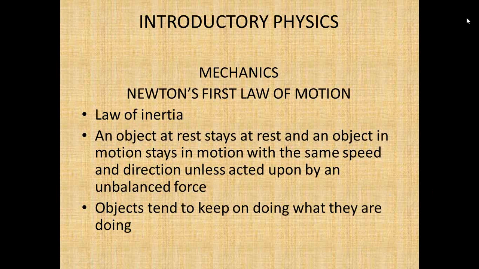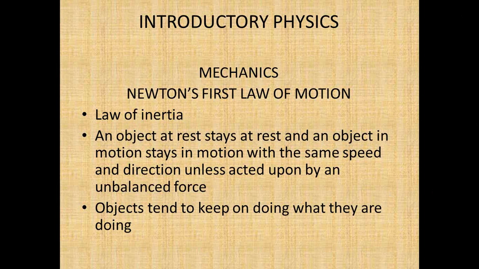So if you eliminate friction, an object that is moving will continue to move at the same speed, constant speed, and in the same direction unless it is acted upon by an outside force or an unbalanced force. So we're going to discuss unbalanced force in some detail.